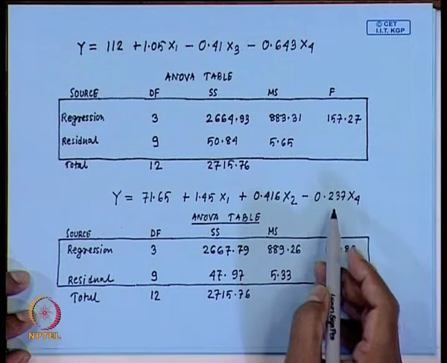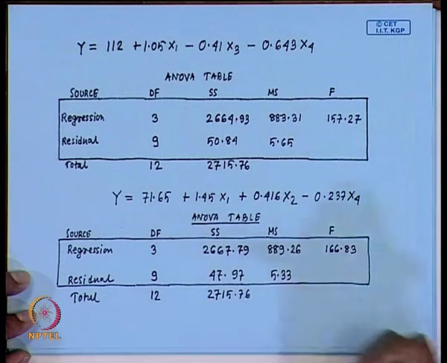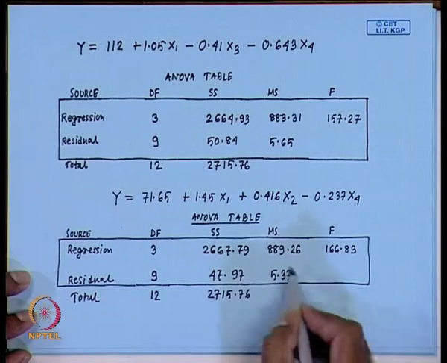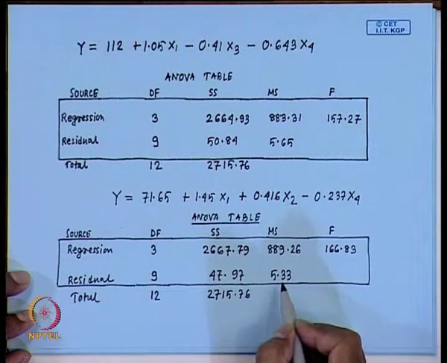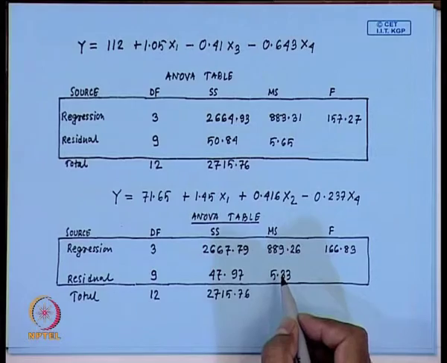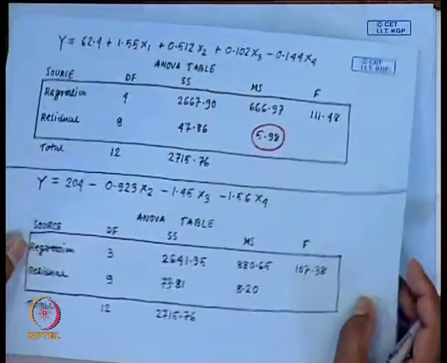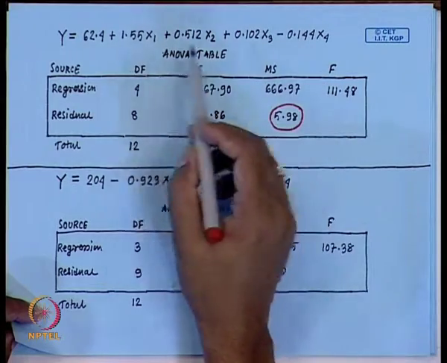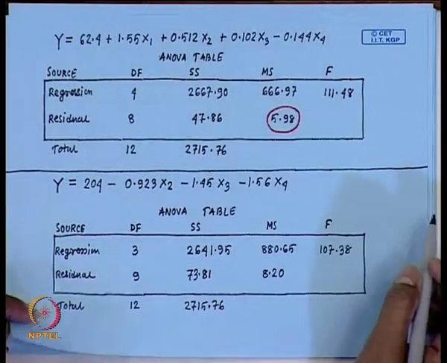So, 13 minus 4 is equal to 9, right. So, this is the SS regression for this model and this is the MS residual. We are going to use this MS residual now, right. We are not going to use the MS residual for the model involving all the 4 regressors, right.